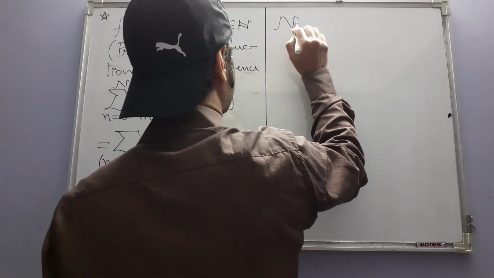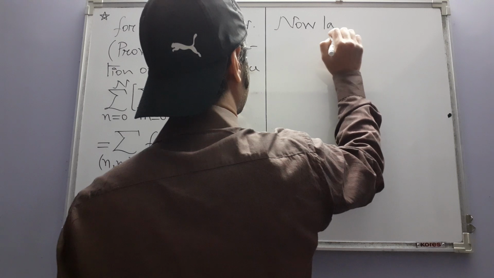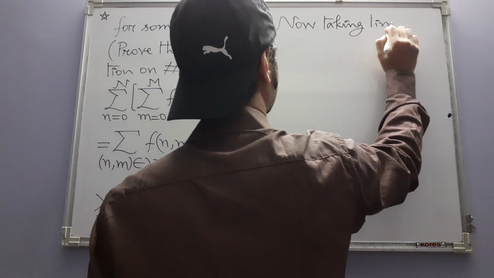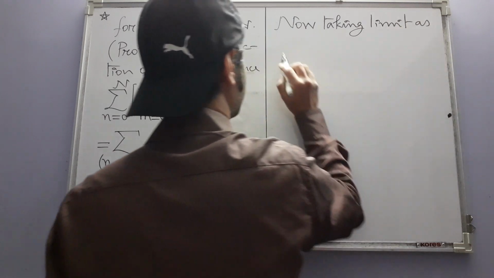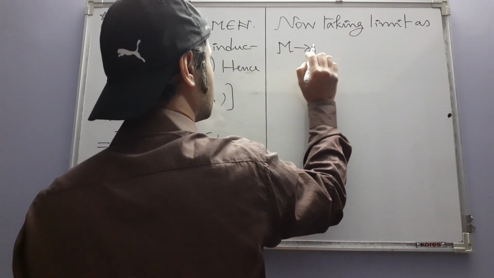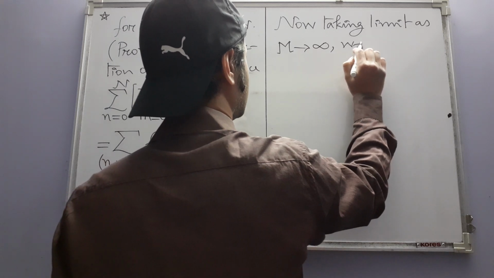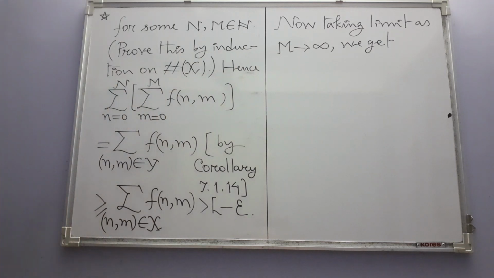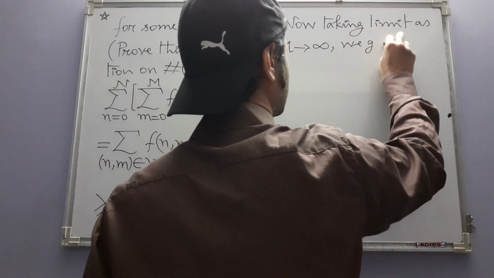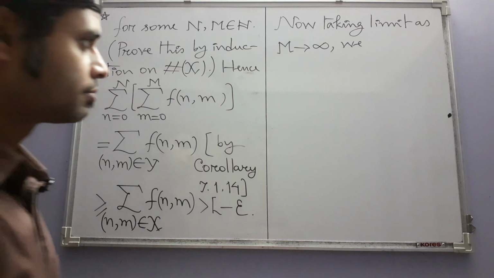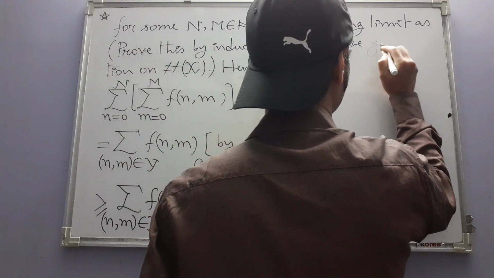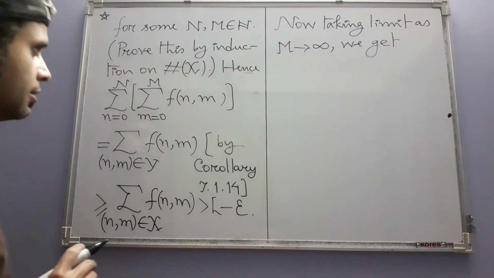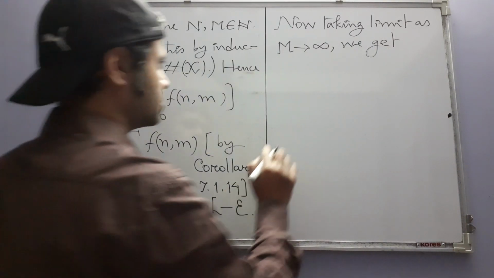Now, taking limit as m tends to infinity, we get... it seems the more I write, the worse my handwriting gets. We get this.